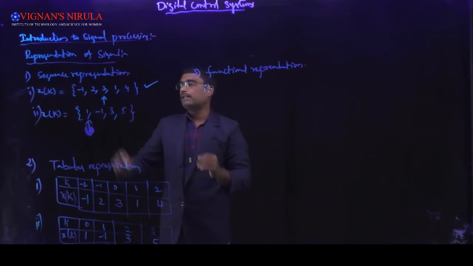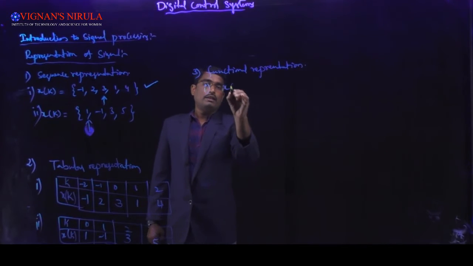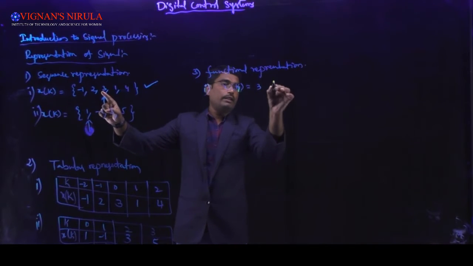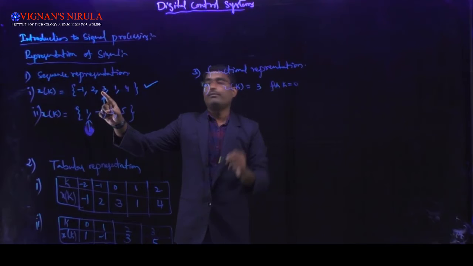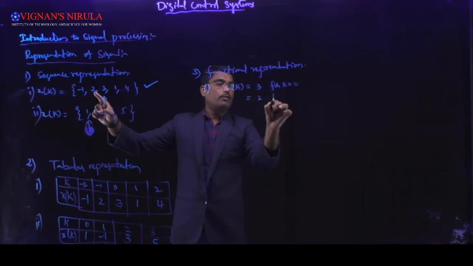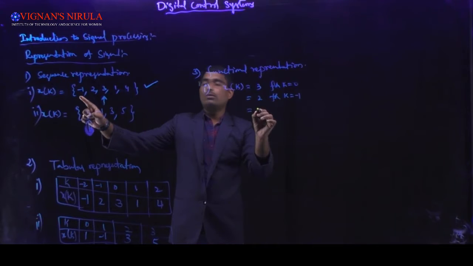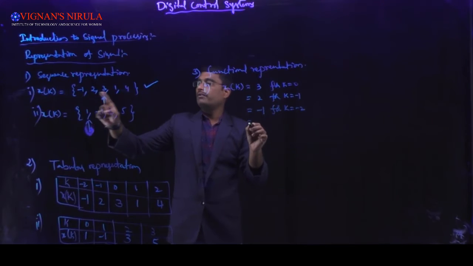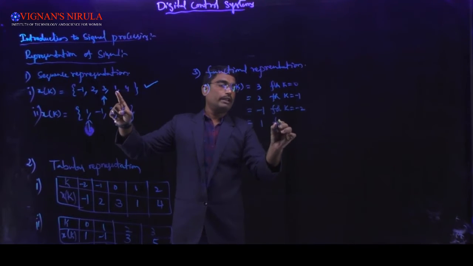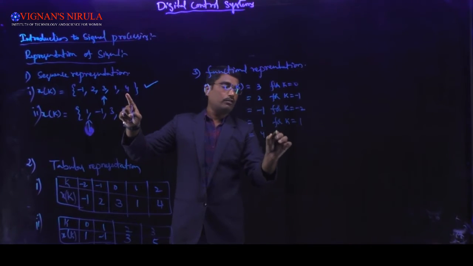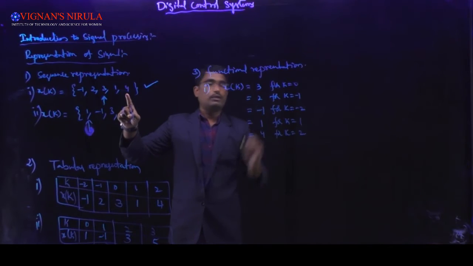If we represent the first signal, then x of k equals 3 for k equals 0. x of k equals 2 for k equals -1 sample. x of k equals -1 for k equals -2 sample. x of k equals 1 for k equals first sample, x of k equals 4 for k equals 2 sample.